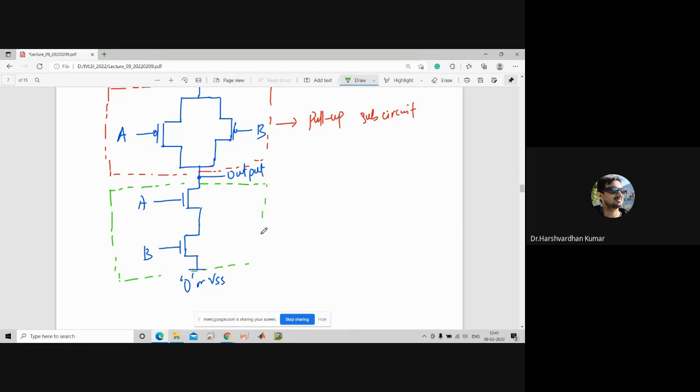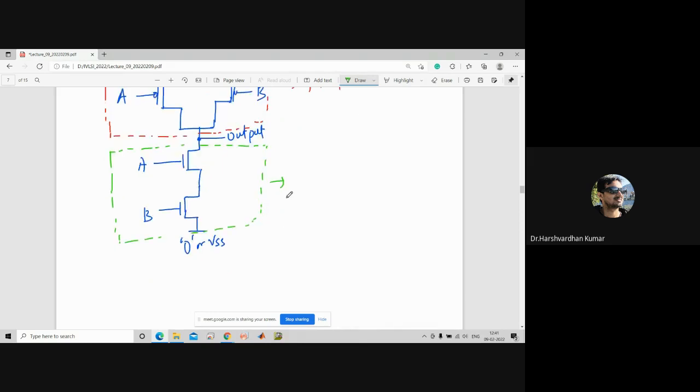So if in the exam I ask you for the 2-input NAND gate, what will be the number of transistors required to design the pull down sub circuit, then your answer should be 2, right?